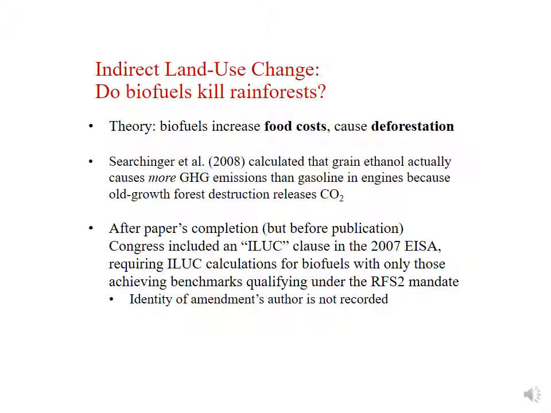This has certainly resulted in a drastic change in our estimate of biofuel production emissions, but more importantly, it started a stampede of researchers developing the tools to improve our understanding of how indirect land use change effects take place and quantifying the potential impacts of indirect land use change.